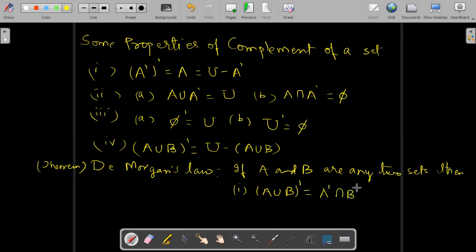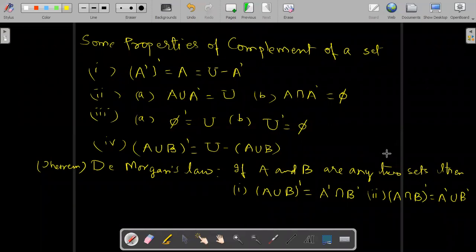The simple way of remembering this: the complement of A union B will become the intersection of their complements, and similarly the opposite, A intersection B complement. When you take the complement, intersection will become union, so A complement union B complement. This is De Morgan's law.